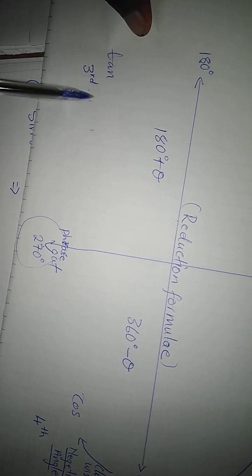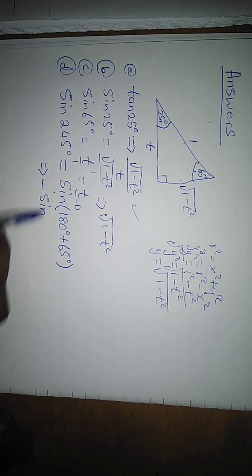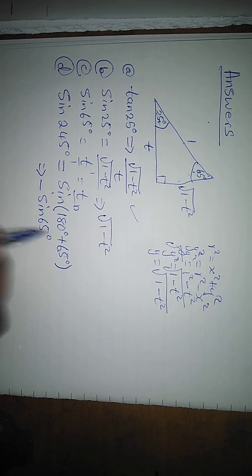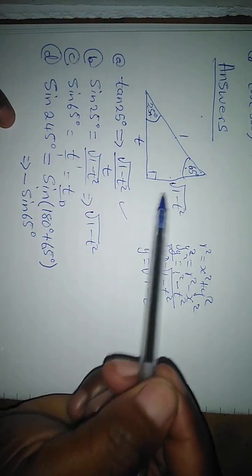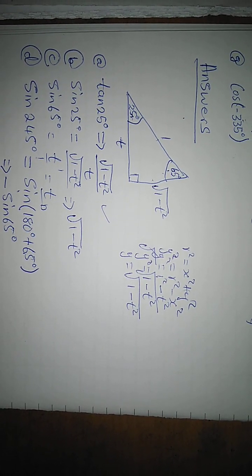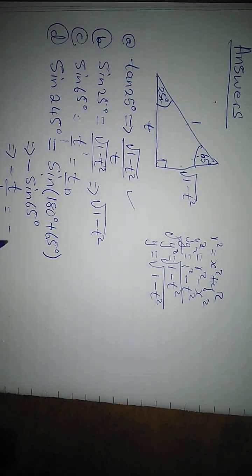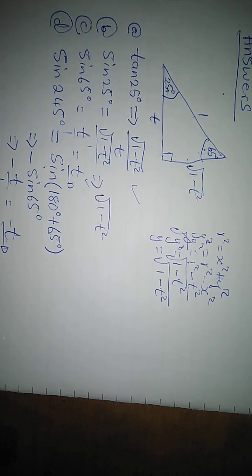So it's going to be negative sine of 65. We said sine 65 is equal to t over 1, so this is equal to negative t, because we have proven it above.